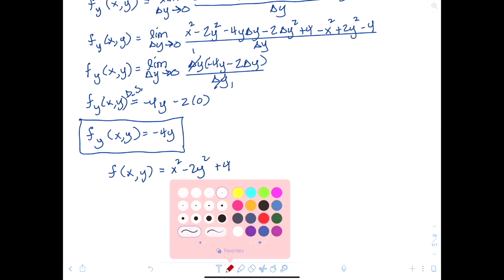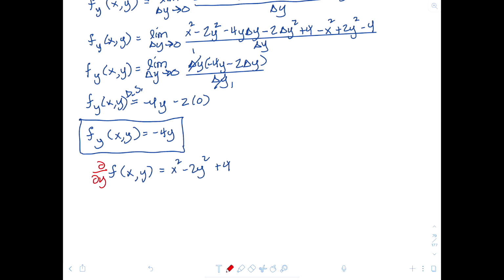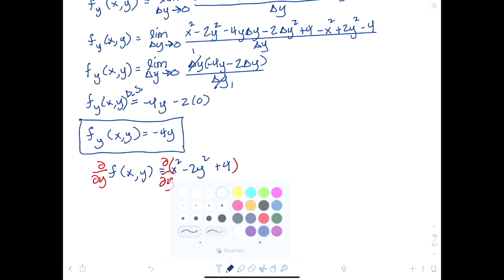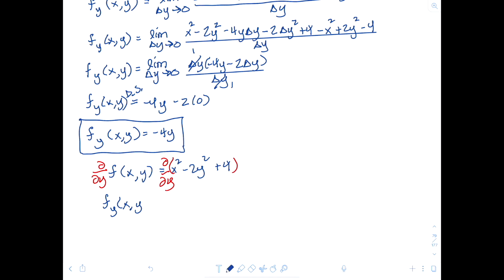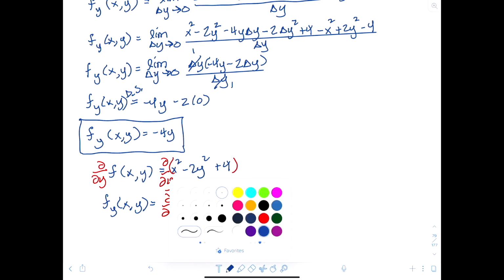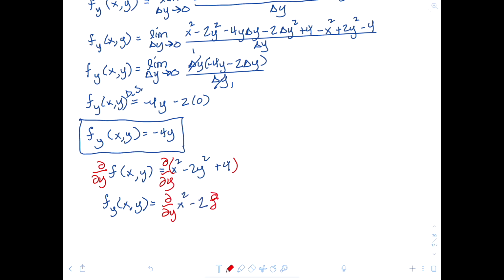And so if we evaluate the first partial derivative with respect to y, on the left, fy of x and y is equal to the first partial derivative with respect to y of x squared, which we will treat as a constant, minus 2 times the first partial derivative with respect to y of y squared, and then plus the first partial with respect to y of 4.